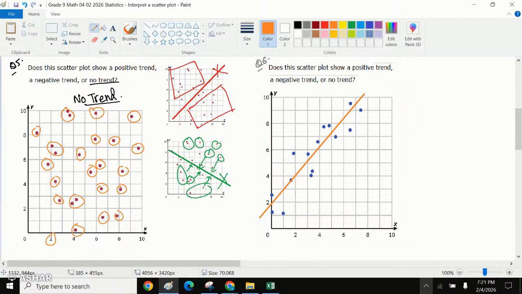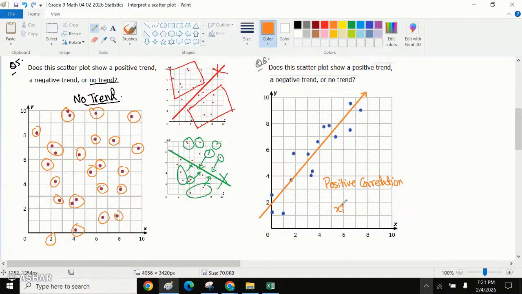So we can say that in this particular question, we see a positive correlation. I'm using different words, right? It says positive trend, but I'm using positive correlation because we know that trend and correlation are the same.